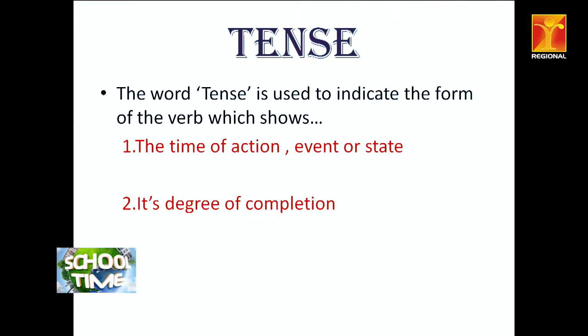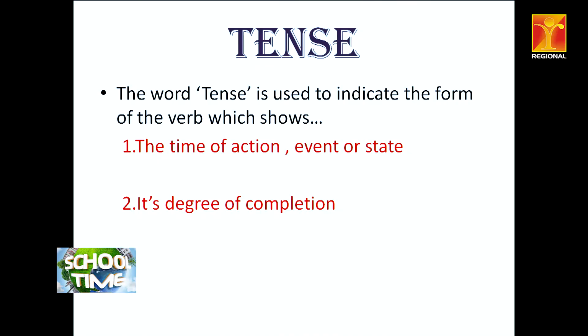So we can say that the word tense indicates the form of the verb which shows the time of an action and its degree of completion. By looking at the verb, we can understand the time of the action, event or state and its degree of completion.